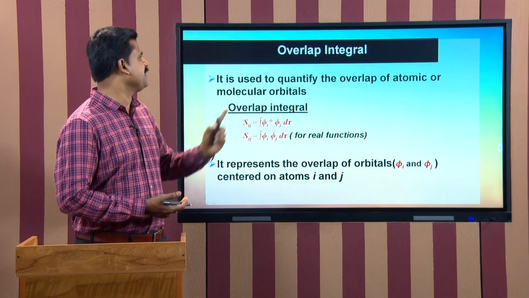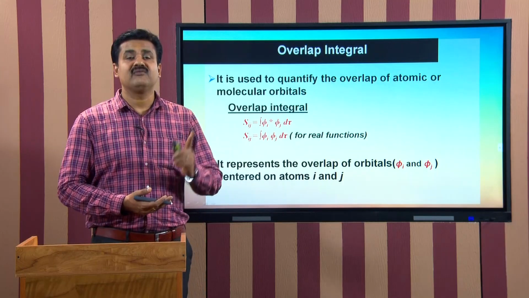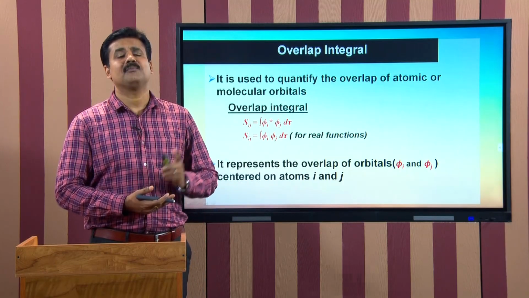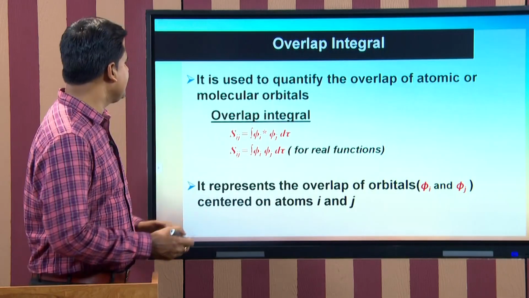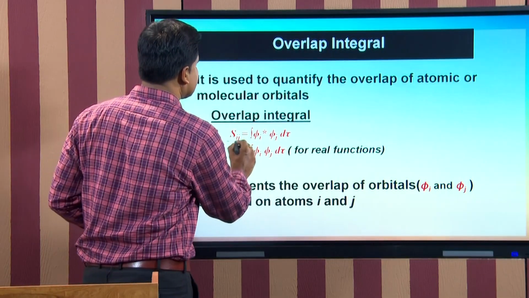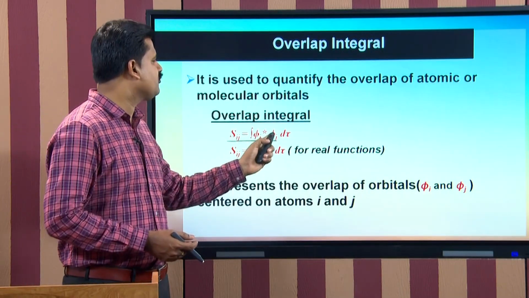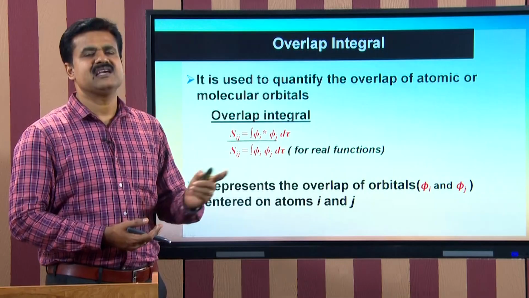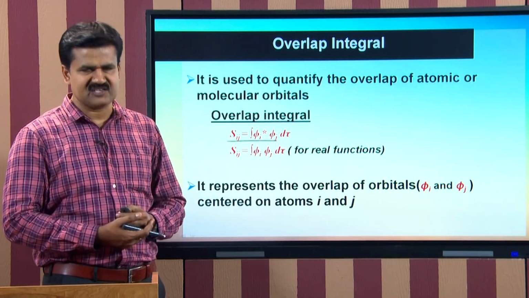The overlap integral is used to quantify the overlap of atomic or molecular orbitals. By definition, overlap integral is Sij equal to integral phi i star phi j d tau. Here phi i and phi j are two orbital wave functions.